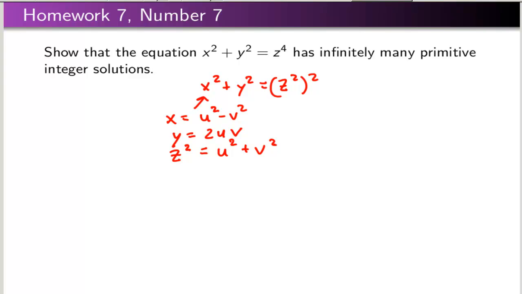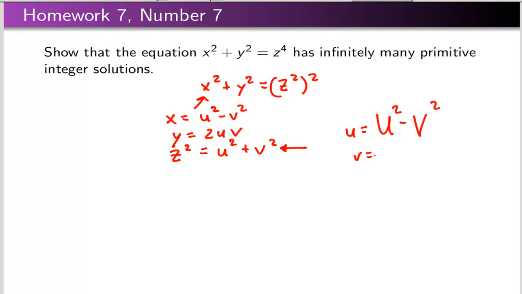So we're trying to find solutions, and the one thing that we want to focus on is right here. But that is itself a Pythagorean triple. So these u and v's are free variables, and we want to find u's and v's that would satisfy this third equation. So they're part of a Pythagorean triple. Well, that would say I want little u to be a capital U squared minus a capital V squared.